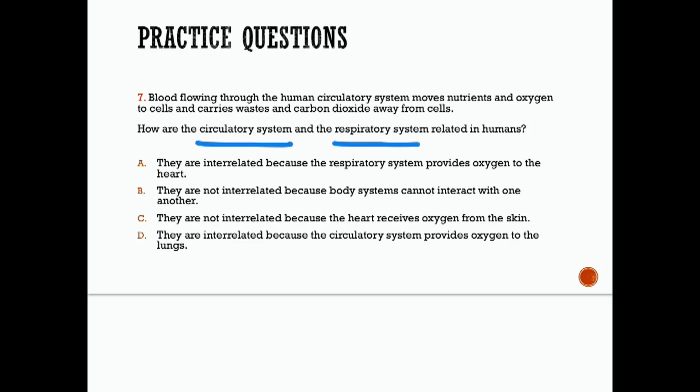Okay, so in humans, the circulatory system and the respiratory system are interrelated because the respiratory system provides oxygen to the heart. So it's going to be A. The respiratory system takes in oxygen, which diffuses into blood so it can be spread throughout the body by the circulatory system. The circulatory system also removes carbon dioxide from cells and returns the deoxygenated blood to the lungs.